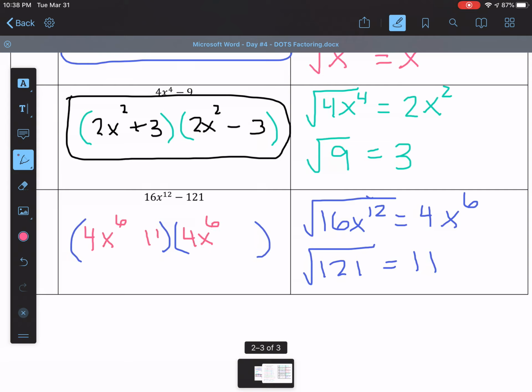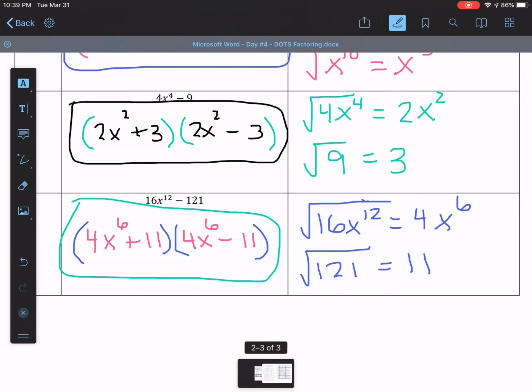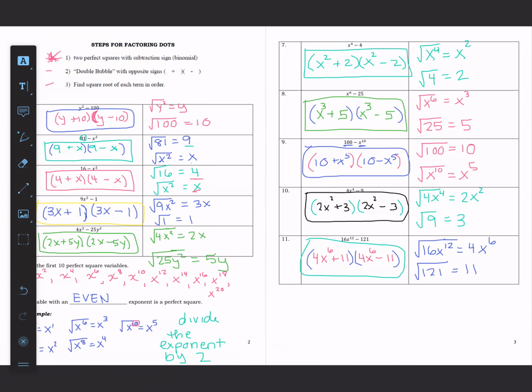And the square root of 121 is 11. So we do our double bubble, and we put 4x to the 6th in the front of each bubble, and we put 11 in the back of each bubble, 1 plus and 1 minus.